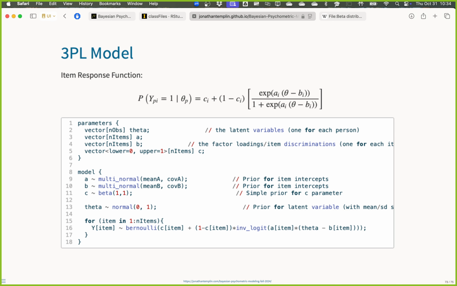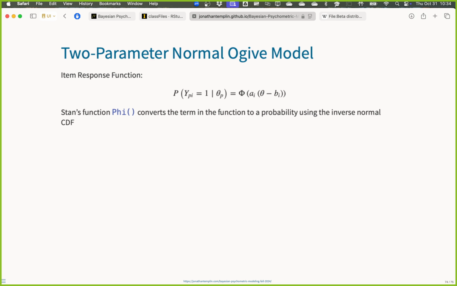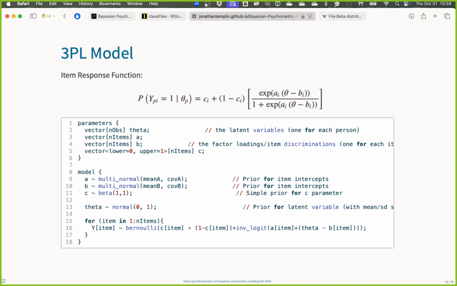How many of you have seen a four parameter model? I don't have it here, but anybody? Want to raise your hand? So it turns out the four parameter model says 3. Who wants 3? Let's go with an even number. Let's get 4. And it implements what's called an upper asymptote. Right? So now the item characteristic curve in the 3 parameter model, which is bounded below by C, gets bounded above by what we sometimes call a D parameter, which ends up showing up here where the 1 is.